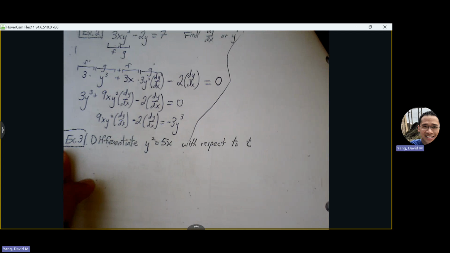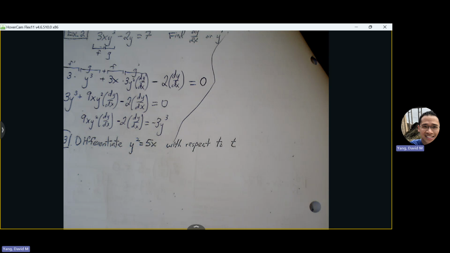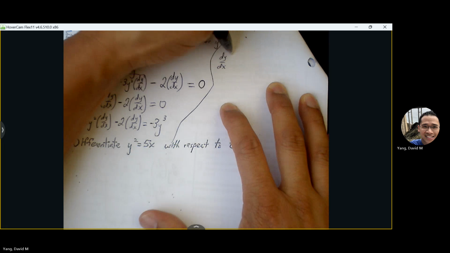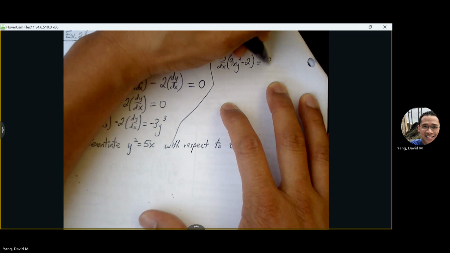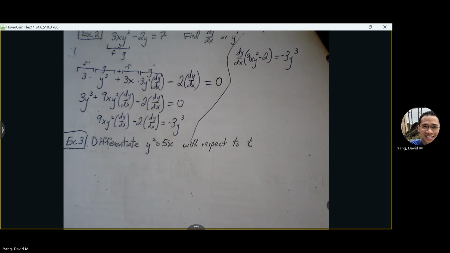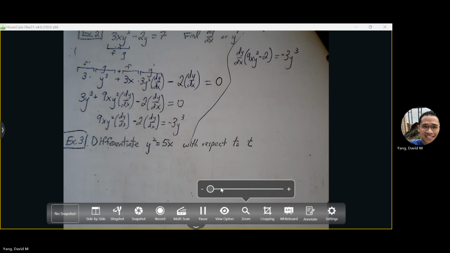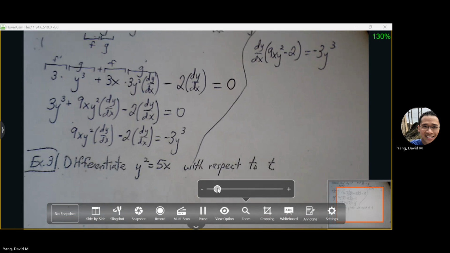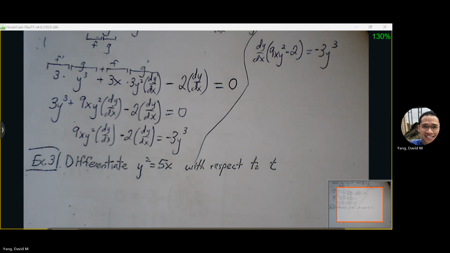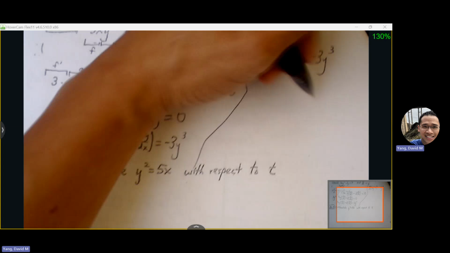Again, there may be other factors, but we only care about trying to isolate that dy dx. All right, divide both sides by the parentheses.